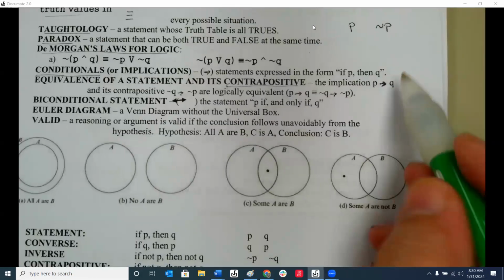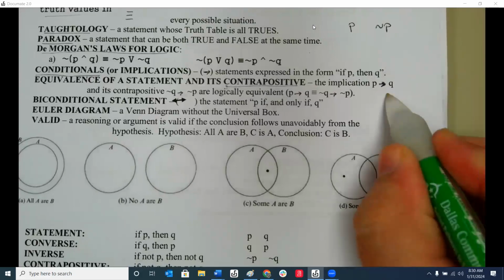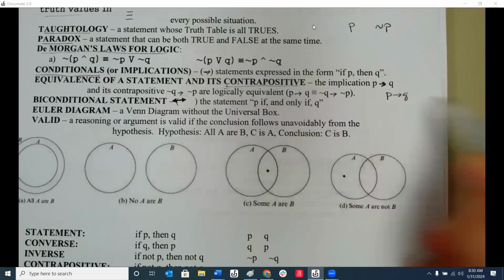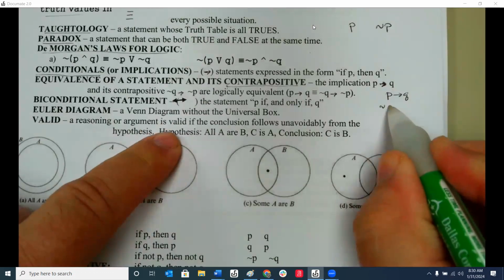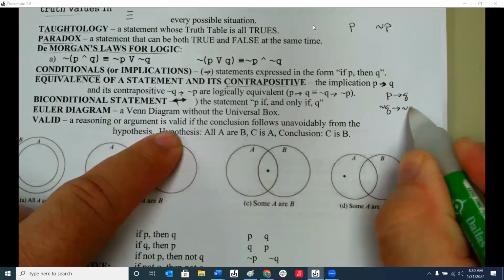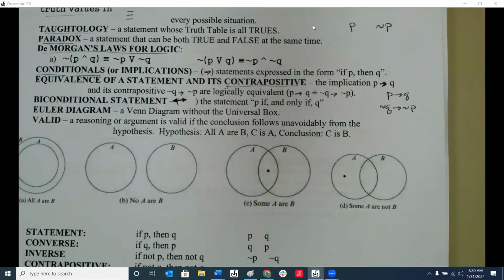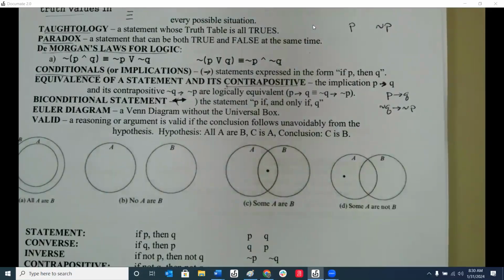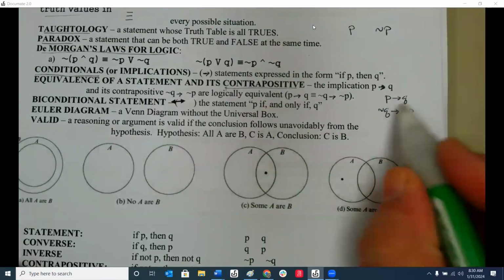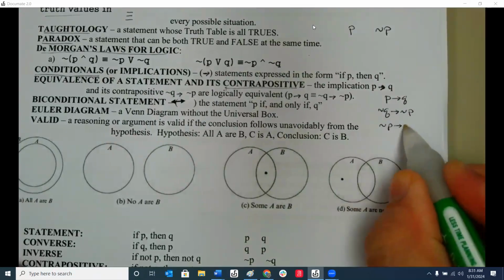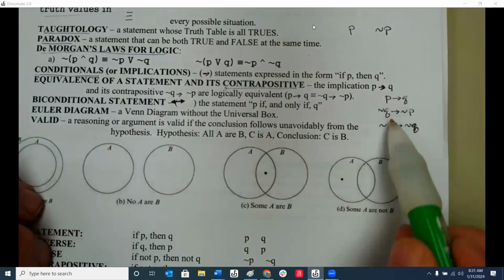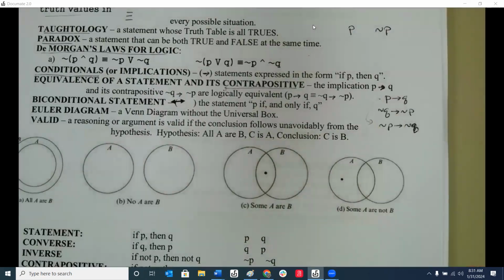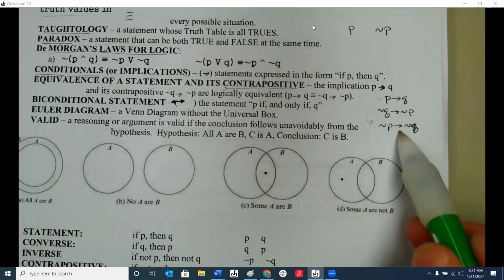Notice, this is important. Notice how it's stated. This is if P then Q, but the negation of that is if not Q, then not P. Why is that different than if not P then not Q?